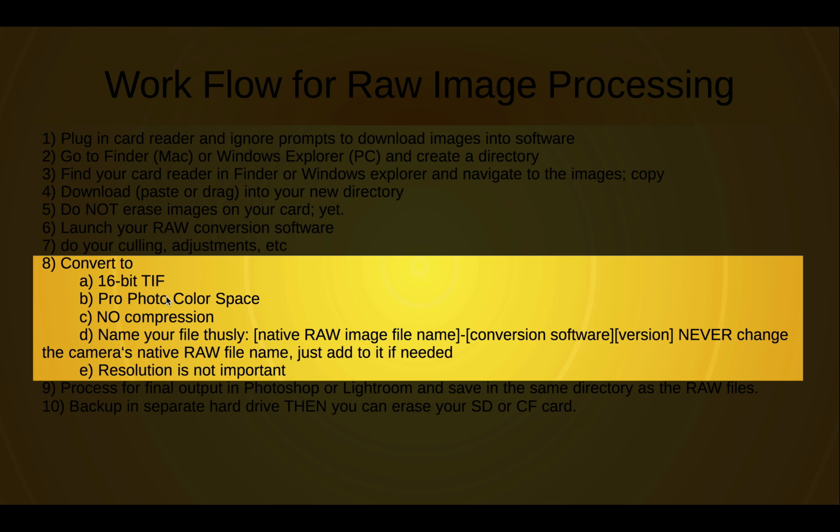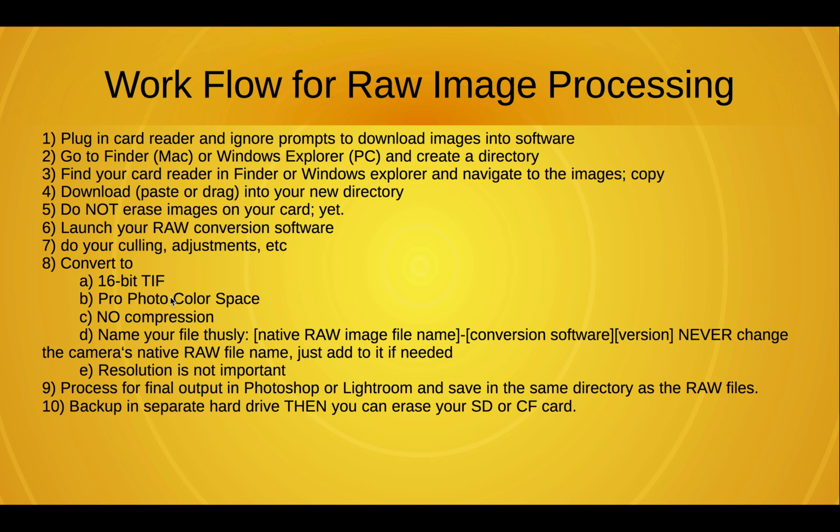Now, a lot of people say Adobe RGB is all you need, but ProPhoto Color is going to make sure that you are capturing all of the different colors that come in off that camera's sensor when you download your images. You also want no compression whatsoever, because compression is a process by which digital information is discarded out of the image, and that's something you do not want to do. So make sure there is no compression.